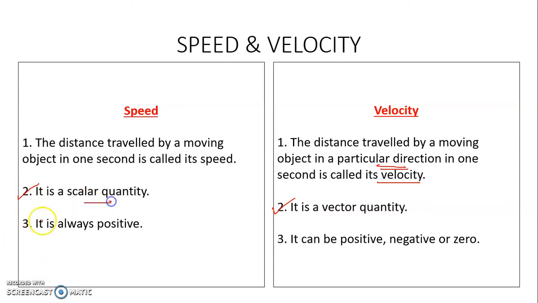And since speed is a scalar quantity, it's always positive. Since velocity is a vector quantity, suppose the object is going from here to here with a speed of 4 meters per second, and now it is coming back in the opposite direction. Since the direction is reversed, we will write it as minus 4 meters per second. So it can be positive, negative or 0.